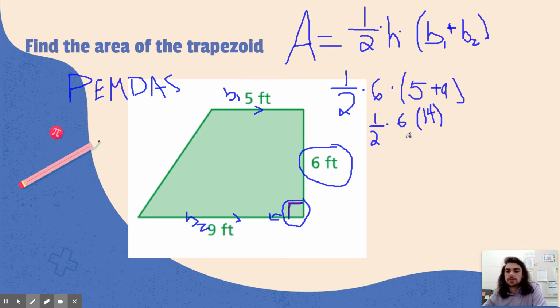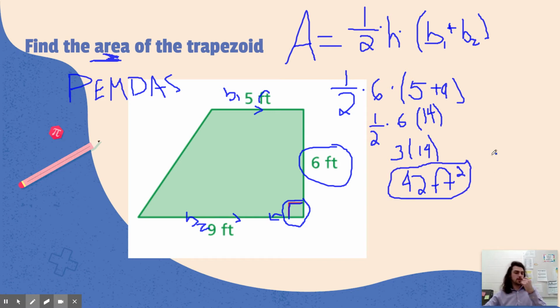I'm going to do 1/2 times 6. 1/2 times 6 gives me 3. 3 times 14 gives me 42. And we are talking about area. We remember we have area, and that means my feet are squared. I have to have my units squared every time I do area.